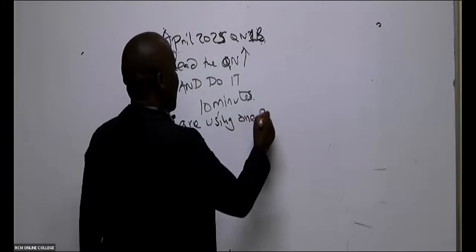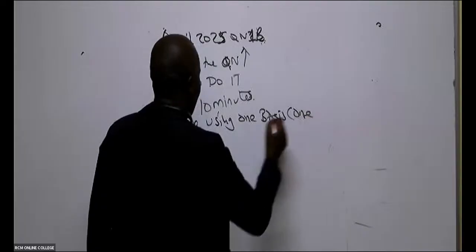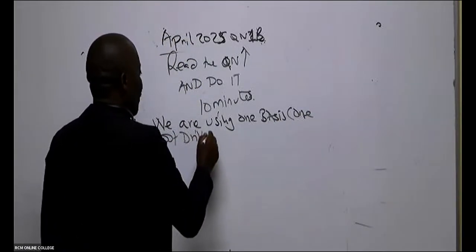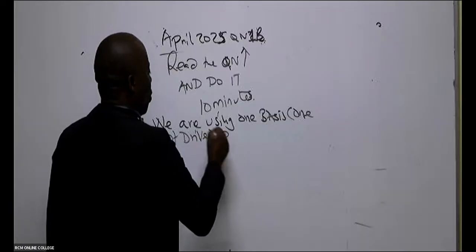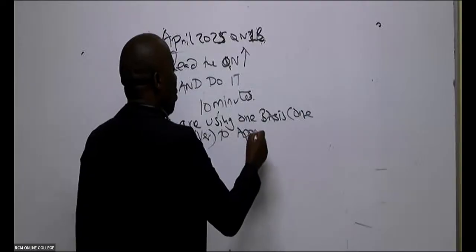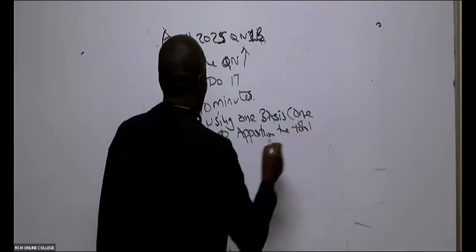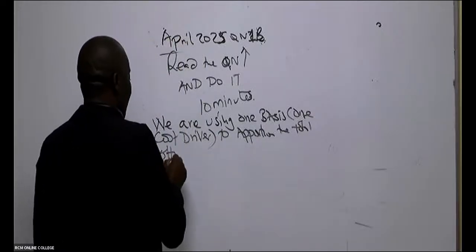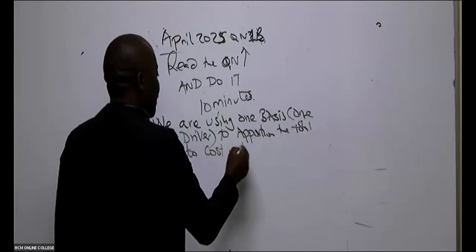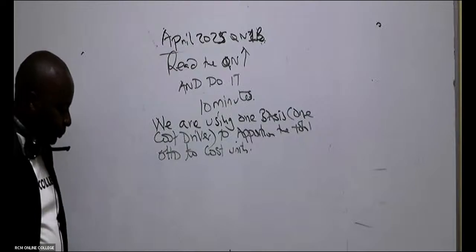So in this case here, we are using one basis, which we could call one cost driver, to apportion the total overhead to cost units, full stop.